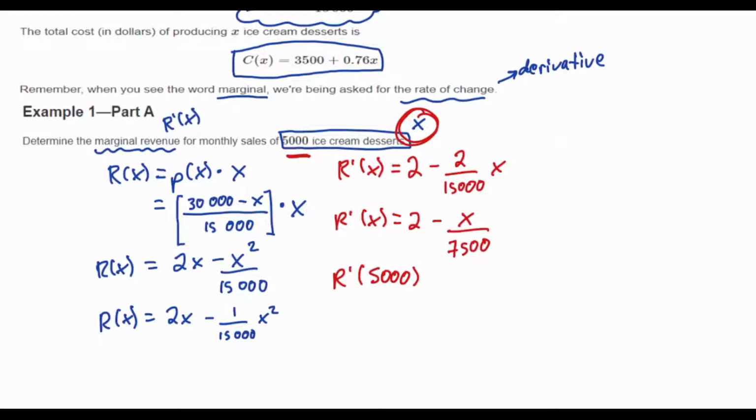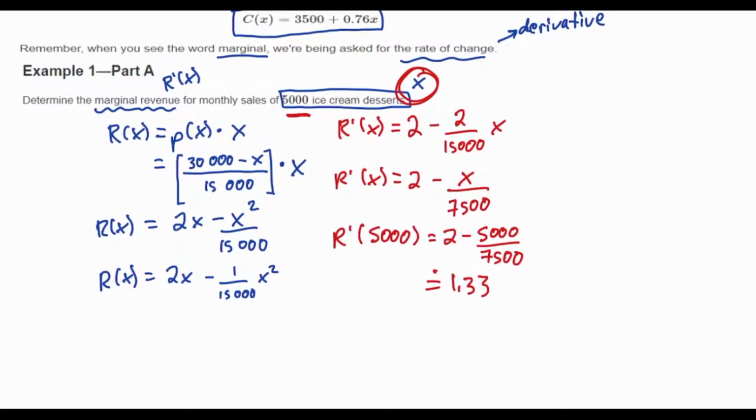And that's going to be 2 minus 5,000 over 7,500, which is going to be approximately equal to 2 minus 5,000 divided by 7,500, 1.3 repeating. And we're dealing with money, so we round to the nearest hundredth.